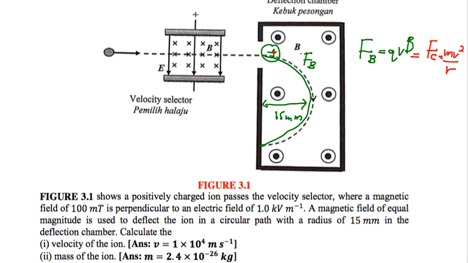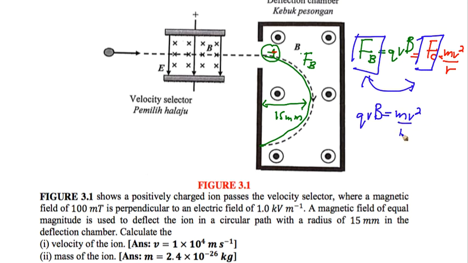Here you have a combination of magnetic force and centripetal force. The values of FB and FC are equal, because the magnetic force makes the positive particle move in the circular path, meaning QVB is equal to mv squared divided by r.